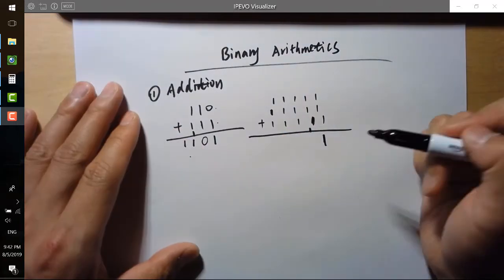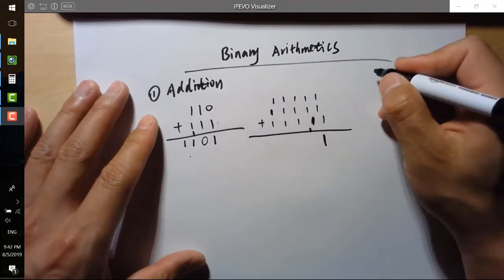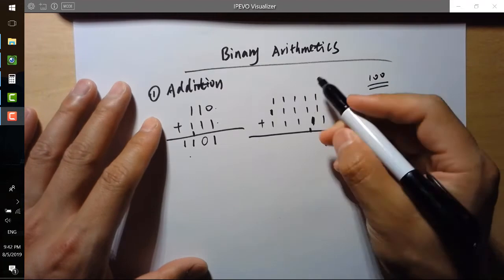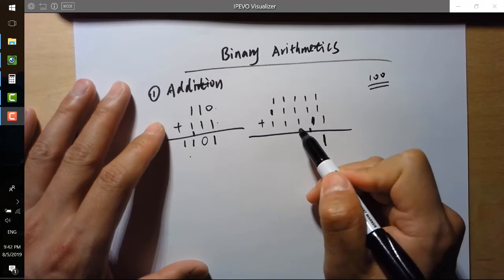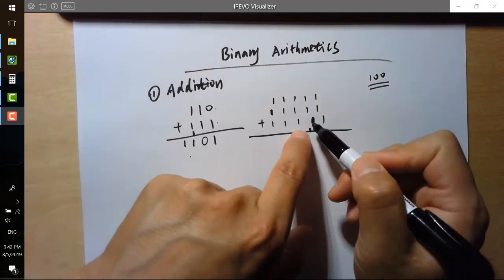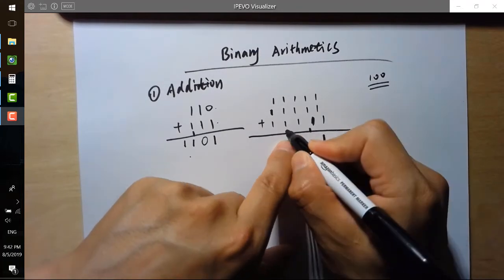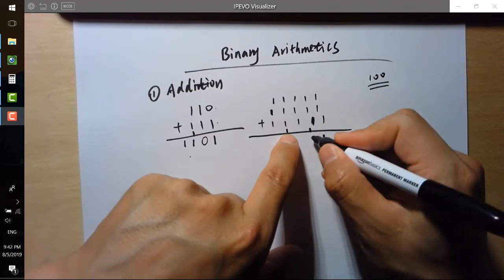How to do that? So we know 4 is 100, right? So when you are labeling the carry, you cannot put it here because if you put it here, it's going to be 2, right? So what you want to do is, if you have a 4 here, you just put a 1 here. Just skip this one and put a carry here, and then 0, 0.